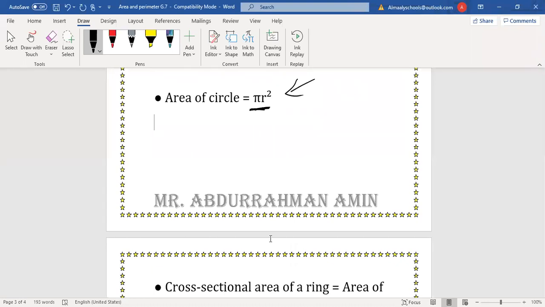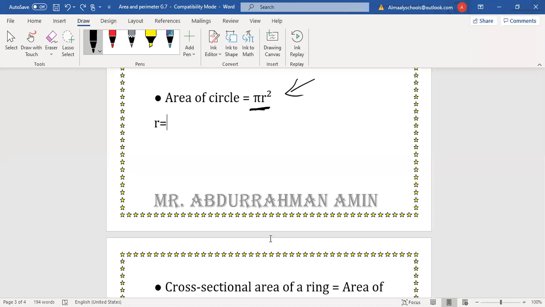We need a rule for the radius of the circle. If you have the circumference of the circle, who can find the rule to calculate the radius?